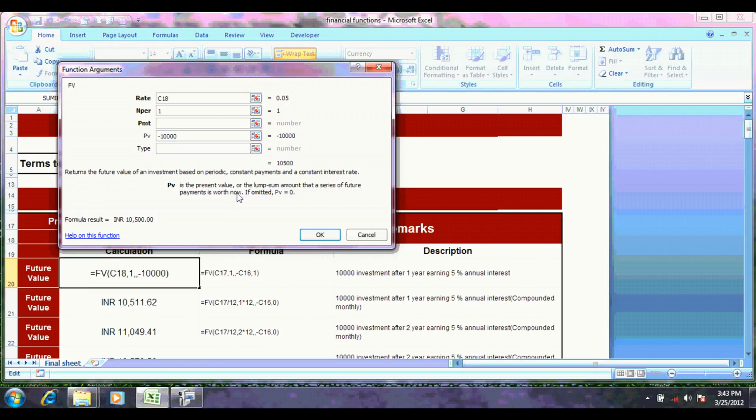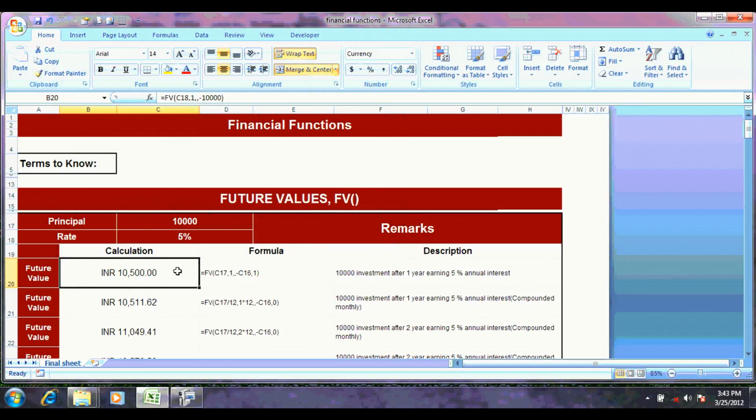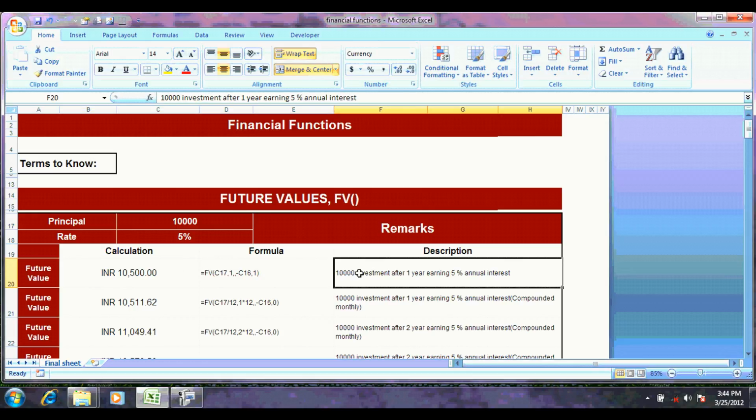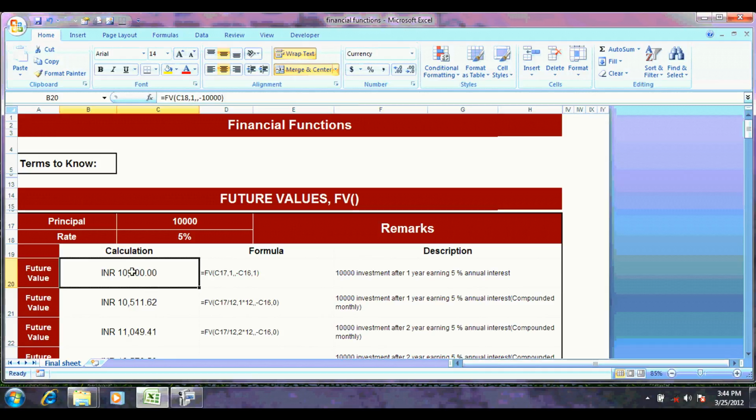You are giving your money, so you need to use minus. Okay, so the result is 10,500. So if you invest your 10,000 rupees for a period of 1 year at 5% annual interest, the value after 1 year will be 10,500.